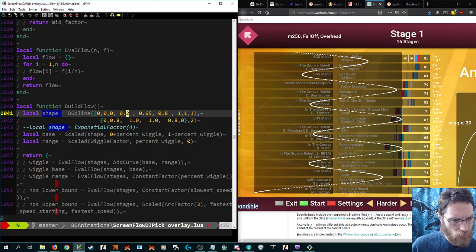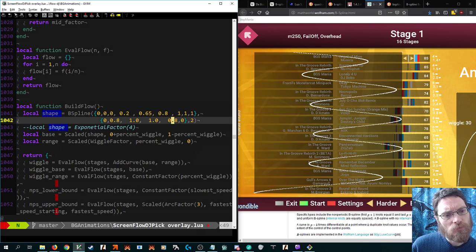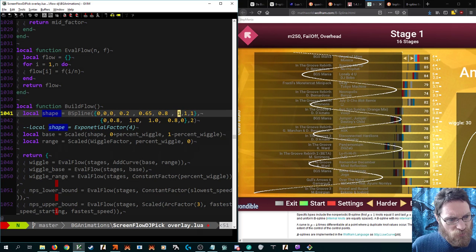Got 0.8 and 0.2. Right, so we softened that a little bit to get the curve up top. And then I guess these zeros are sort of in between there.